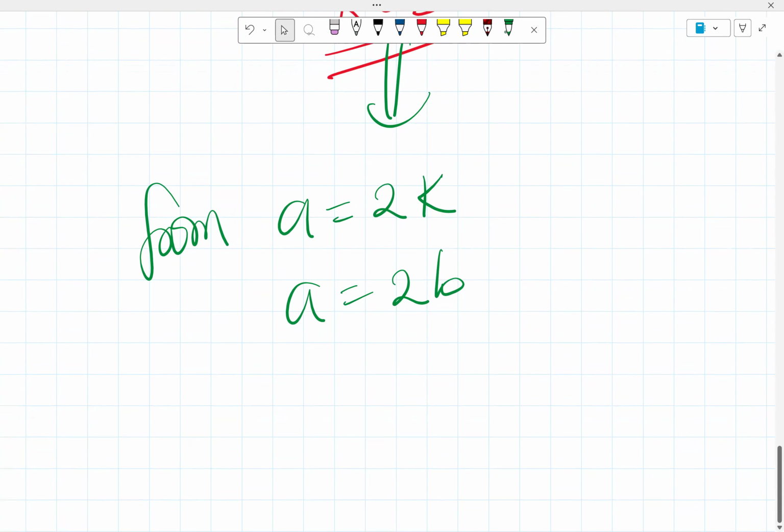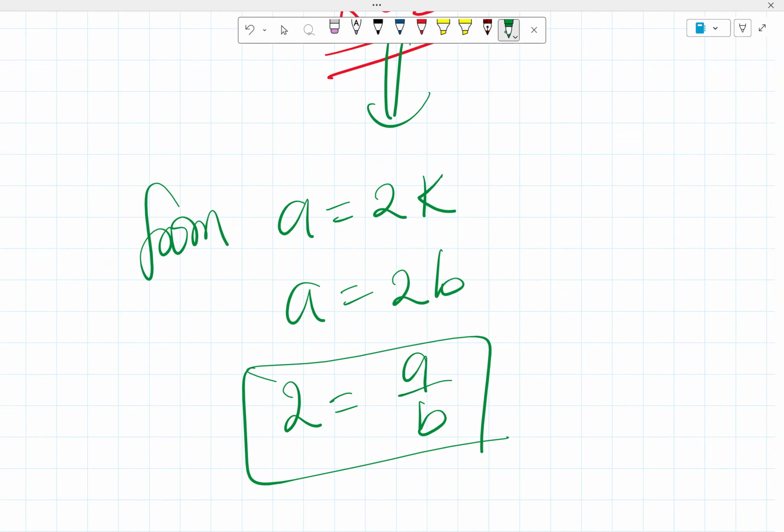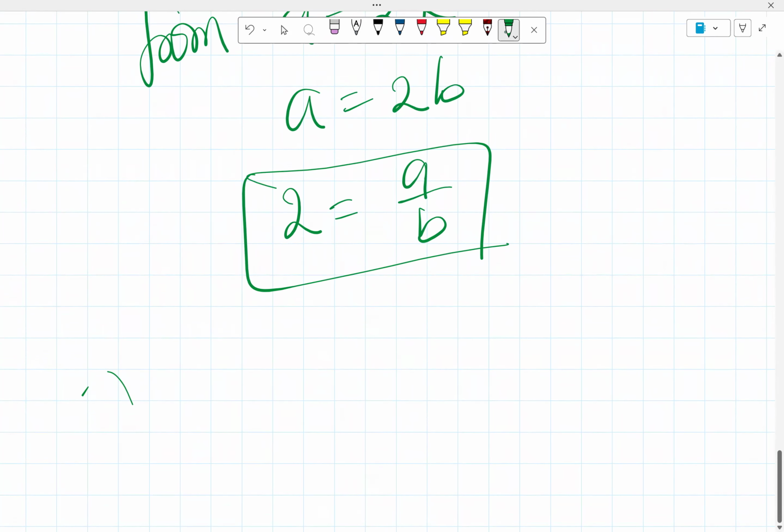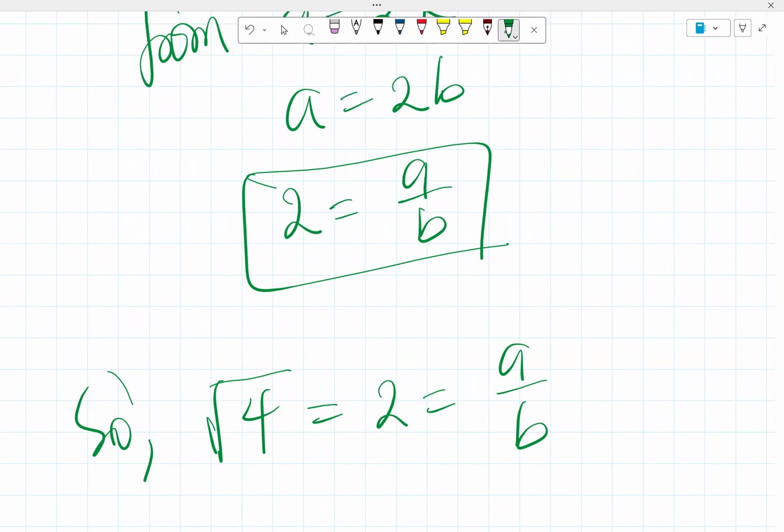Okay? A is equal to 2b. And then clearly we can have 2 equal to a over b if you divide both sides by b. So 2 is equal to a over b. So no contradiction here. So the square root of 4, which is equal to 2, is equal to a over b.